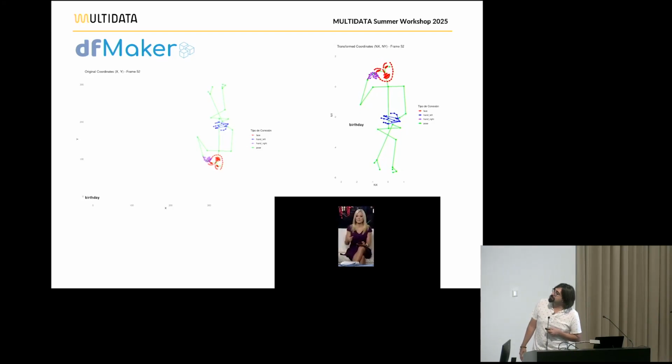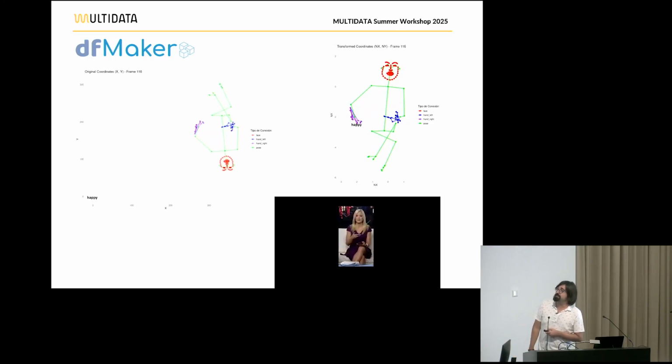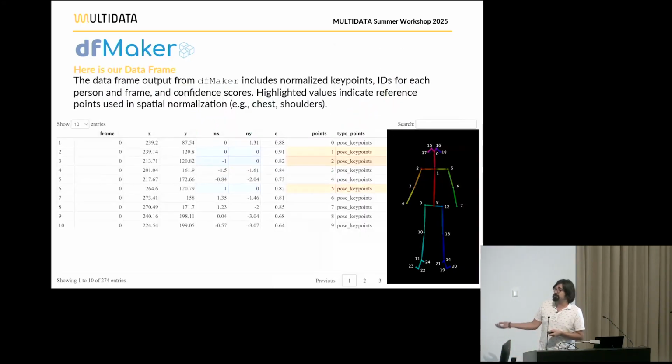Here this position is related to her chest, not to the camera position. That's the main change, because what we want to know is how the body is moving related to itself, not to the position of the camera. Well, that's what DF Maker offers, this kind of data set that you can use for modeling, for big pylons, or for what you want.